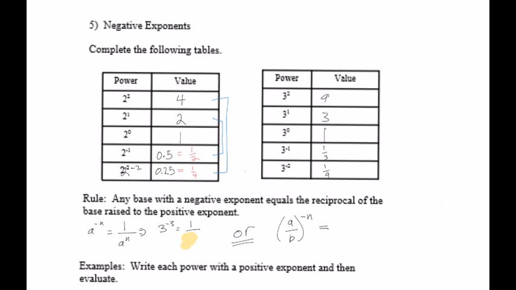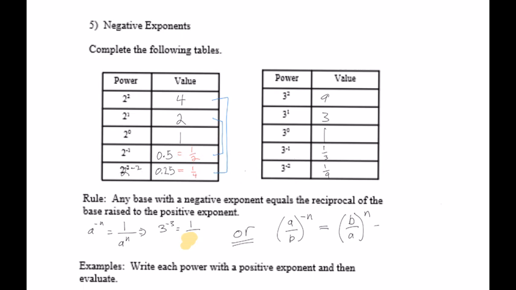Essentially, this is what I call the flip rule. I take the fraction and I flip it, and by doing so, that removes my negative exponent. Remember, we flip the fraction and then remove the negative.